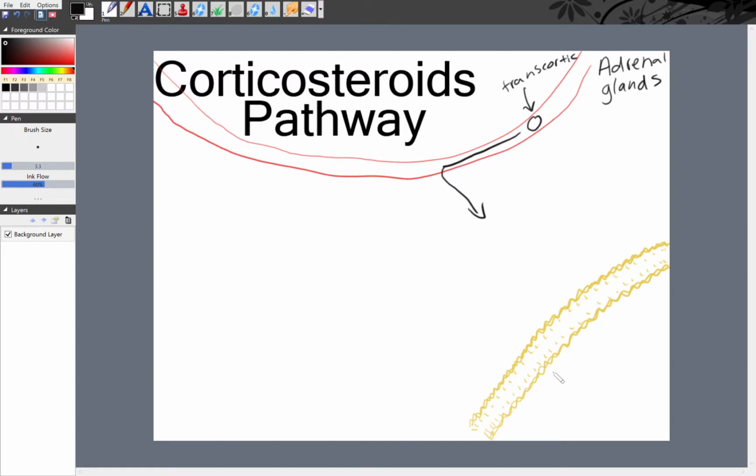And let's say it gets to this cell here. It's lipid soluble, so it's going to get into the cell. One of its pathways I'm going to draw is that it's going to act on the machinery of the cell. So there's already a transmembrane receptor.